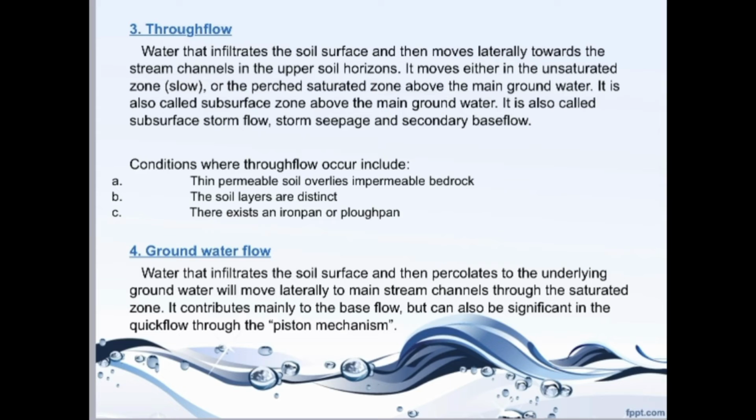Conditions where throughflow occurs include: A. Thin permeable soil overlies impermeable bedrock. B. The soil layers are distinct. C. There exists an iron pan or plow pan. Number 4. Groundwater flow. Water that infiltrates the soil surface and then percolates to the underlying groundwater will move laterally to mainstream channels, significant in the quick flow through the piston mechanism.